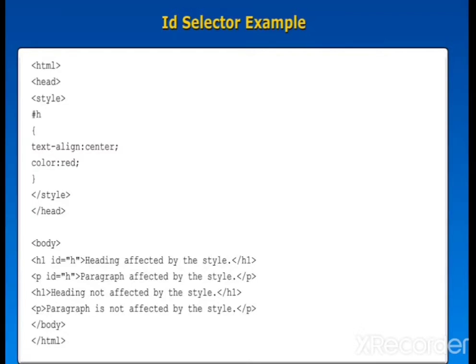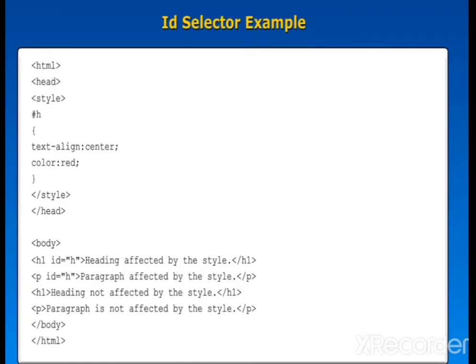In the h1 tag, we have to use the particular style declared in the style tags by using the name h. Here id equals h. H means the name given for the id selector. Whenever we use this id selector, that complete style will be applied here. For the h1 tag, the text align is center and the text color is red.